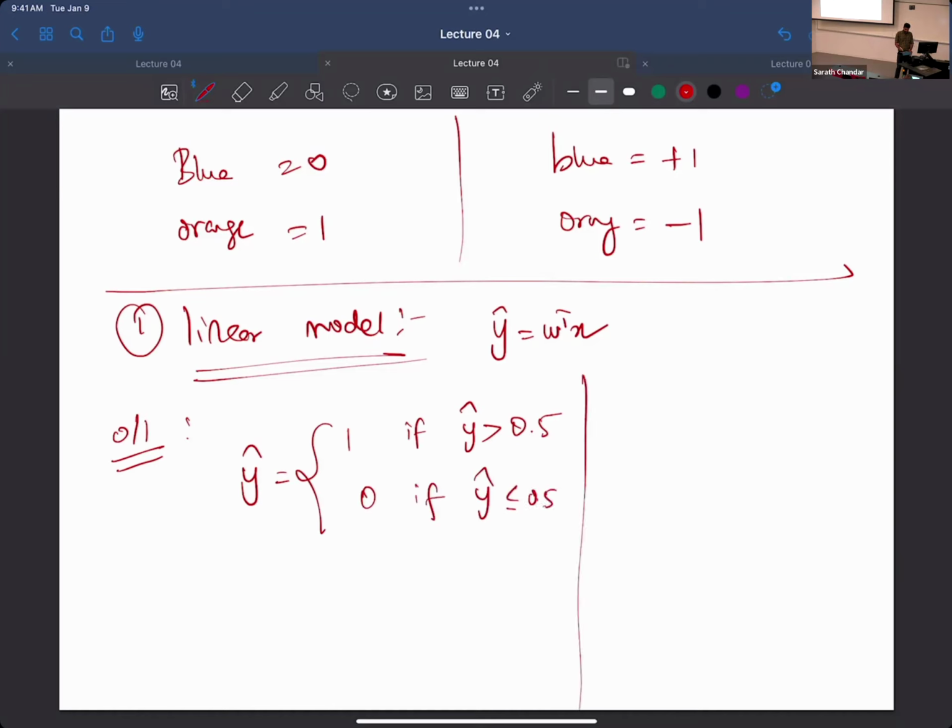Similarly, when I have +1, -1 classification, I can say my y hat is equal to 1 if y dash is greater than 0. Just to have different terminology, I'm calling this y dash. It's going to be -1 if y dash is less than or equal to 0.